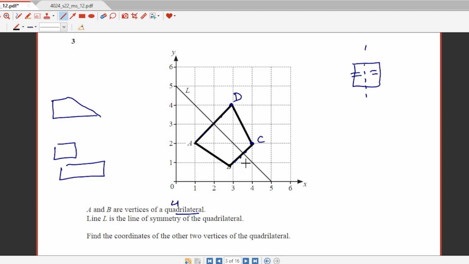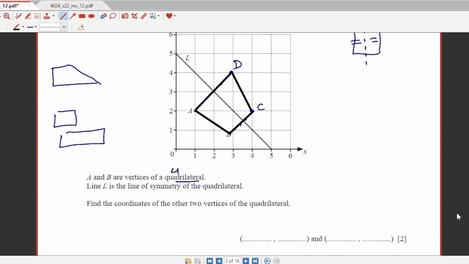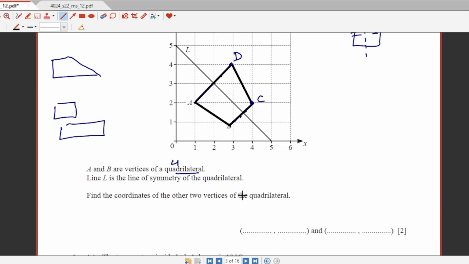This is the quadrilateral, and the line L is the line of reflection. The coordinates of C are 4, 2, and the coordinates of D are 3, 4.